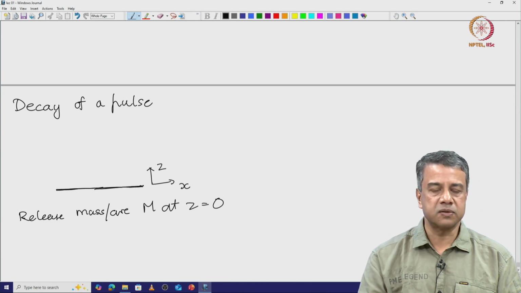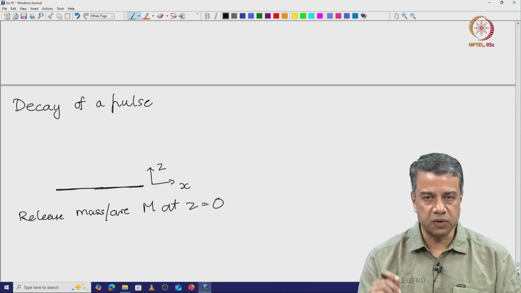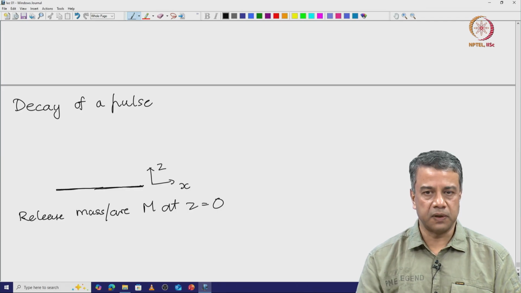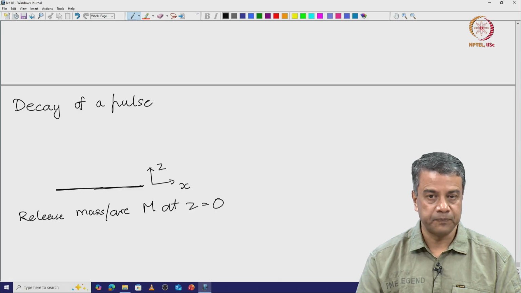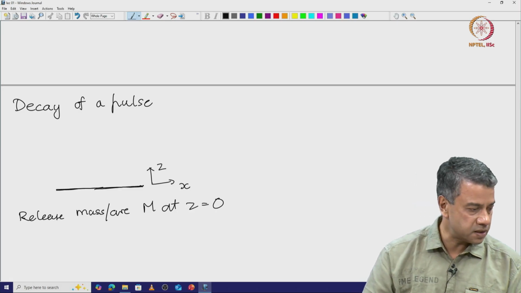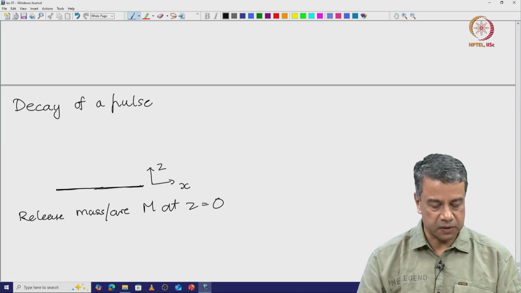In 3 dimensions, this would be like releasing a certain mass of pollutant at a particular point. We are considering this in 1 dimension, where you are releasing it at a particular location.